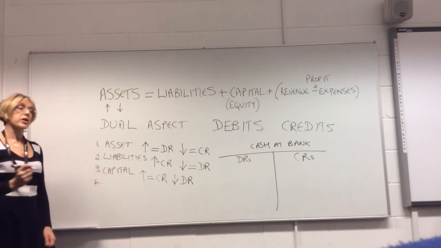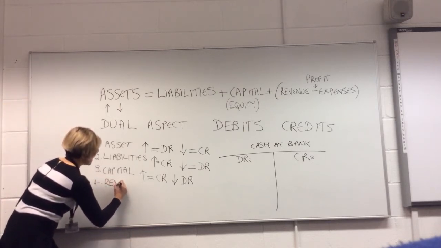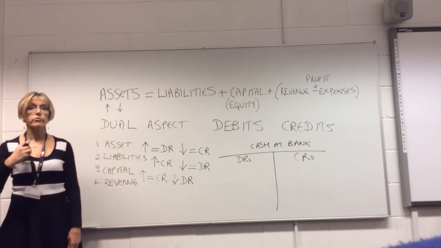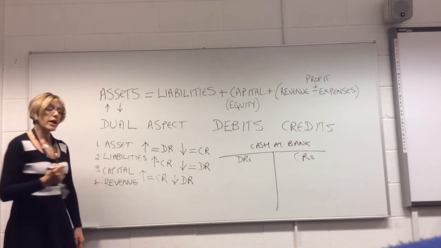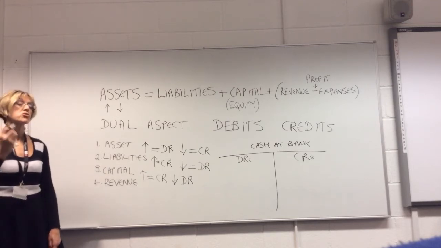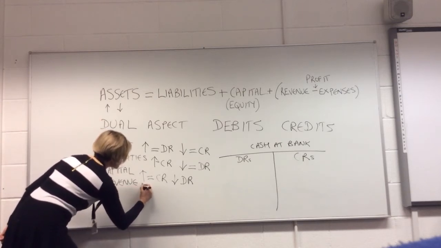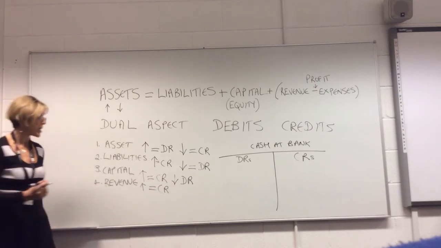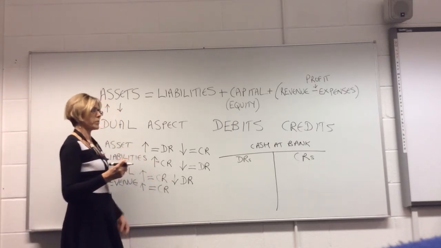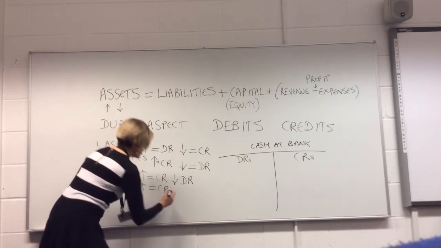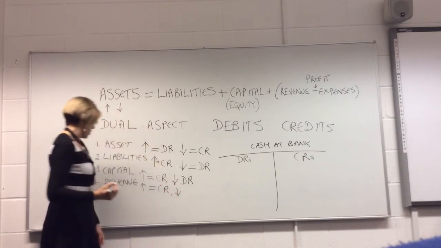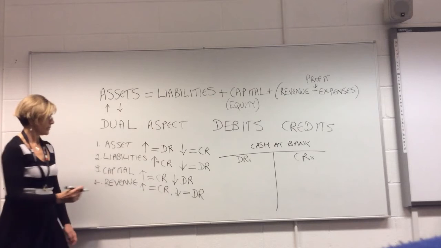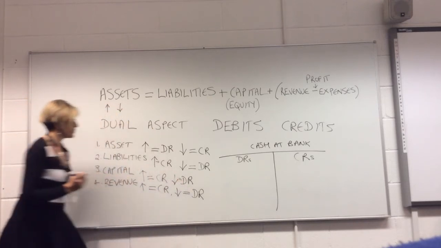So we've now just got to deal with our revenue and our expenses. Now, as far as revenue is concerned, sales revenue, income, if we have an increase in revenue because we've sold some goods, an increase is a credit to the sales revenue account. And if our revenue went down because maybe we had to give someone a refund, then a fall in revenue would be a debit. Forgot the equal sign there, look at that.